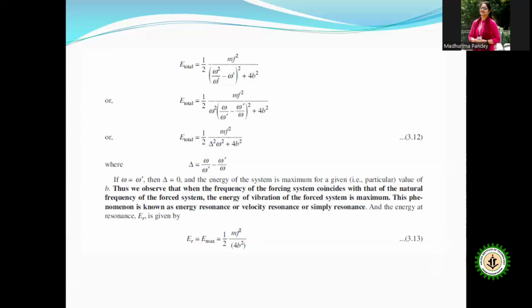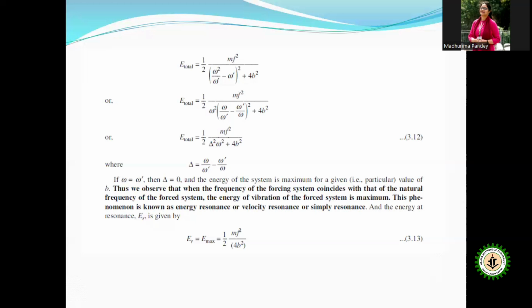So when your system's natural frequency is exactly the same as the frequency of the external periodic force, we call this a resonance condition. And what is the beauty of the resonance condition? All the terms will give you the maximum value. Energy resonance means at resonance, the energy will be maximum. Velocity resonance means at resonance, the velocity is maximum.